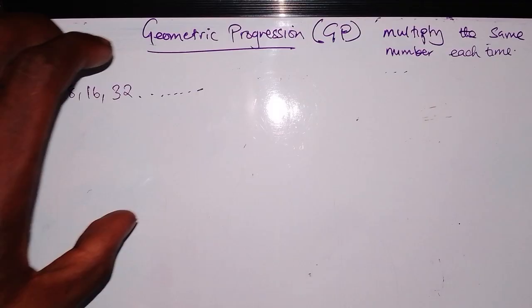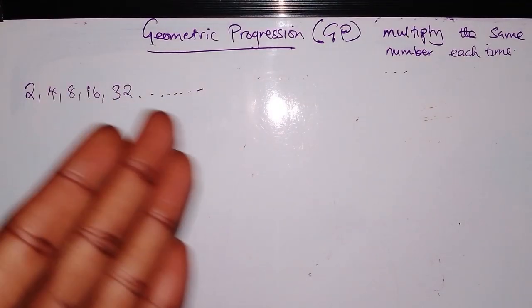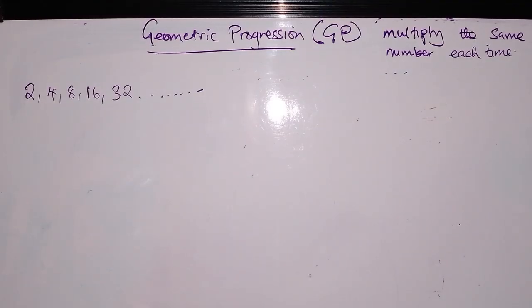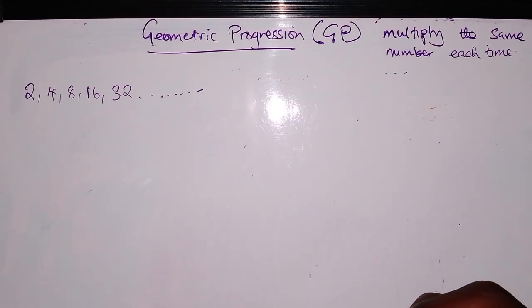If you have observed this sequence, we keep on multiplying by what? By 2. The difference between these numbers is what is known as the common difference, or the common ratio. The common difference is for arithmetic progression.